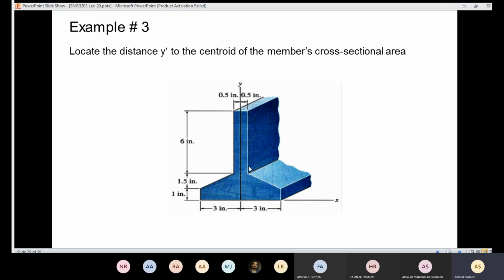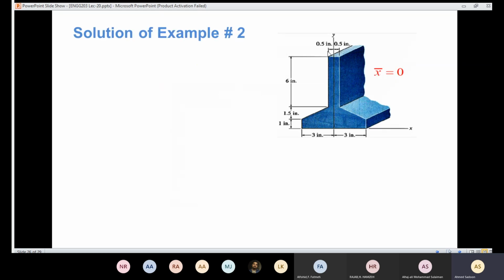you can know whether your work is correct or not. Like I said, since I have symmetry here, that means the x bar, the centroid in x-axis, is going to be 0. I'm going to use the reference to be exactly at the center. You may use the center here, and in this case, the value of x is going to be 3 inches.